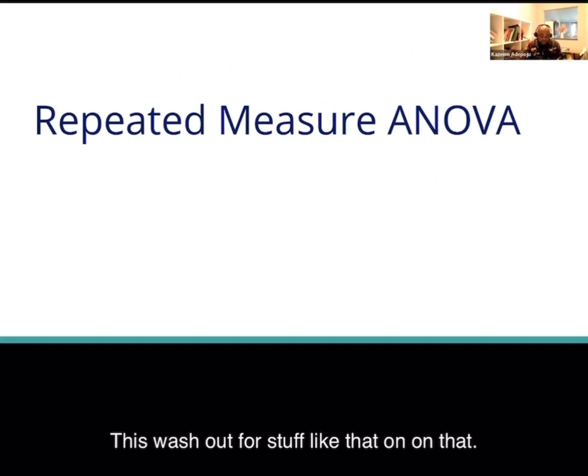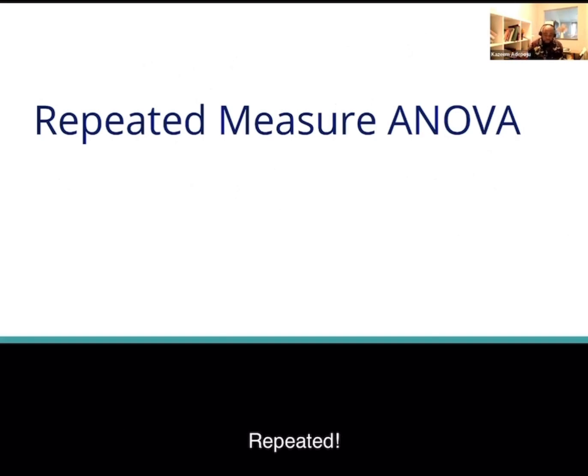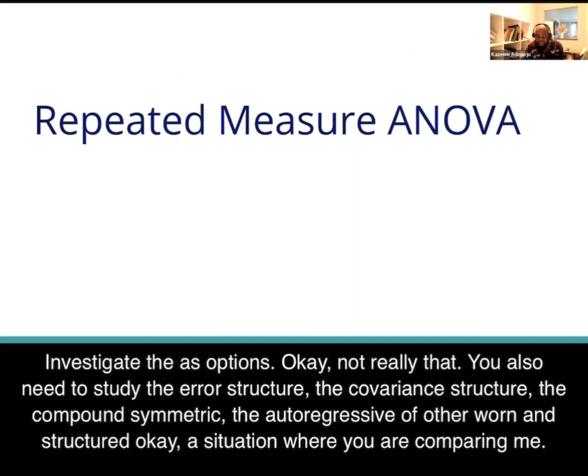Please watch out for stuff like that under repeated measure, and also investigate the assumptions. Not only that, you also need to study the error structure, the covariance structure: compound symmetric, autoregressive, and unstructured.